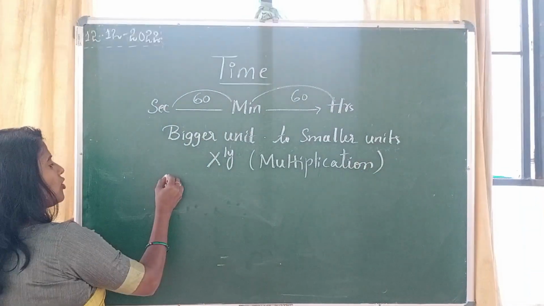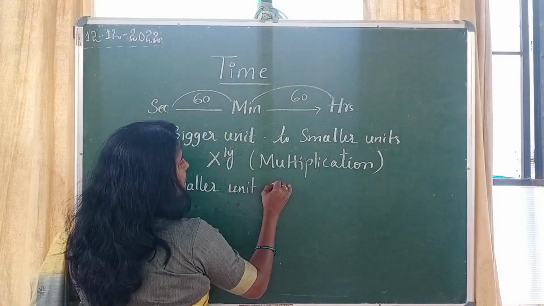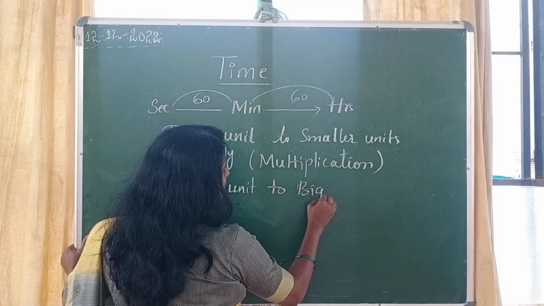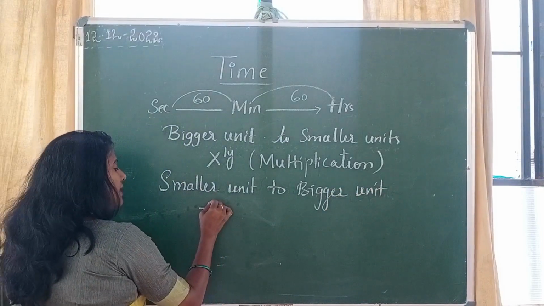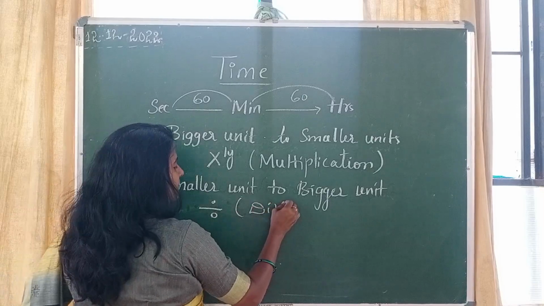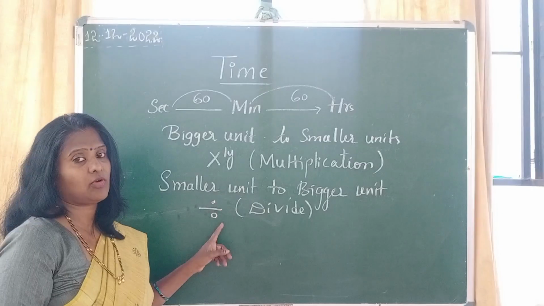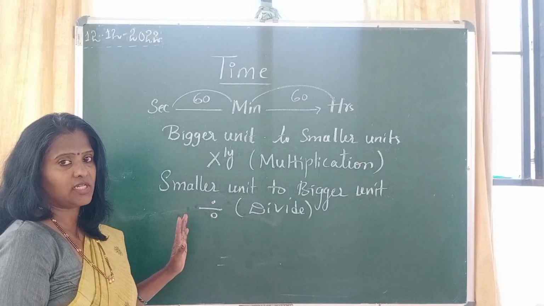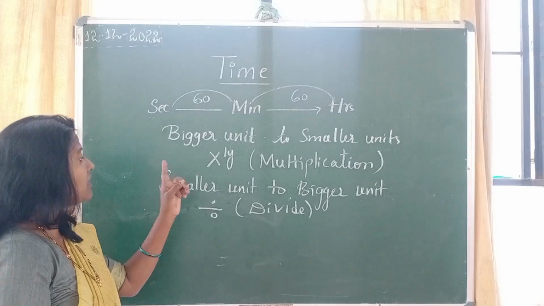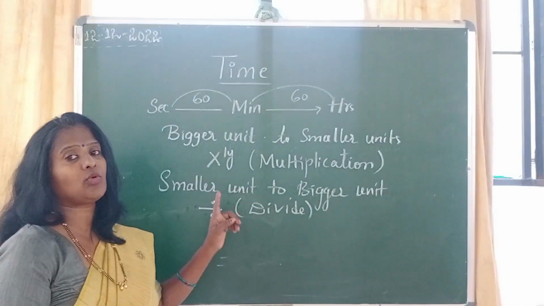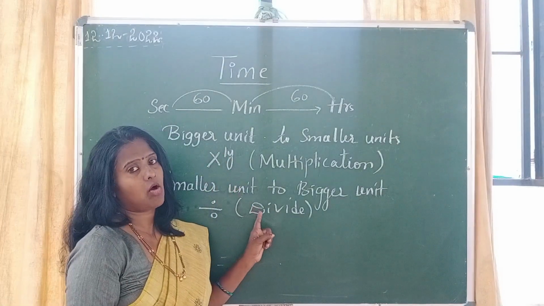If you want to convert smaller unit to bigger unit, then you have to divide. This is very important. You have to keep it in your mind while calculating. First, you should read the question carefully, whether it is bigger unit to smaller unit or smaller unit to bigger unit. Then you have to decide whether you have to multiply or divide.